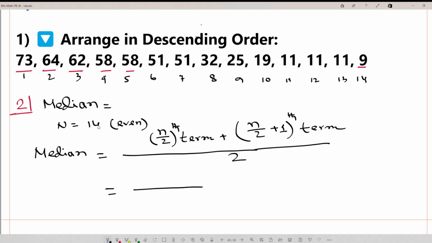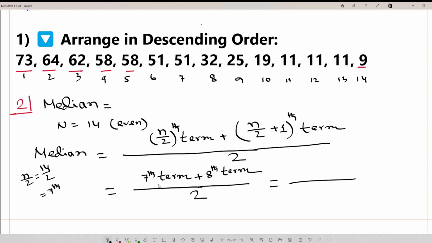Here n means 14. So n by 2 means 14 divided by 2, which is the 7th term. And n by 2 plus 1 means the 8th term, divided by 2.